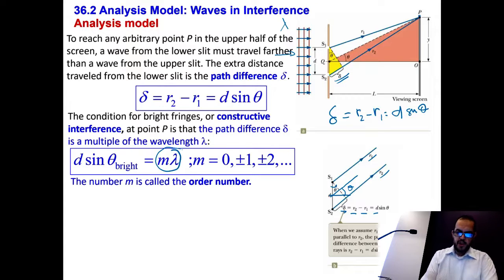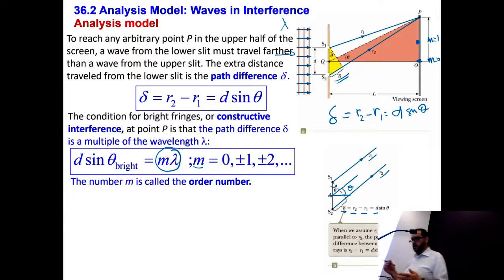Okay, so notice here m is called the order number. Order number does not mean it's the number of the fringe, because remember, the first fringe is for m equal to 0. The second maximum is m equal to 1. So even though this is the second maximum, the first maximum is at the center, the second maximum m is equal to 1.